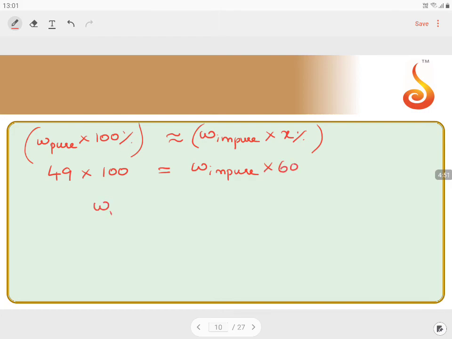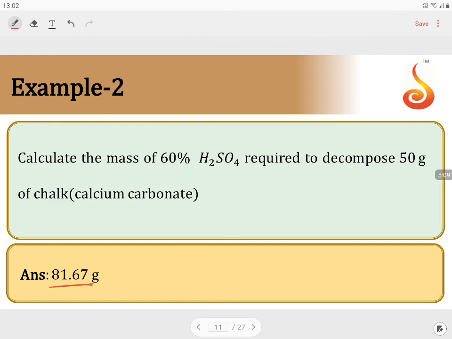So W impure equals 49 times 100 by 60, which is 81.67 grams. So the amount of impure sample required to carry out the reaction is 81.67 grams.